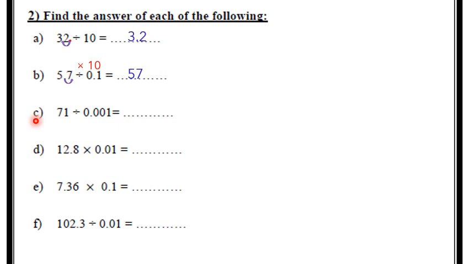Exercise C, 71 divided by 0.001. Here, this is a crazy decimal, so this means as times 1000. Any number times 1000 equals the same number and put 3 zeros, so it will be 71,000. The next, 12.8 times 0.01.